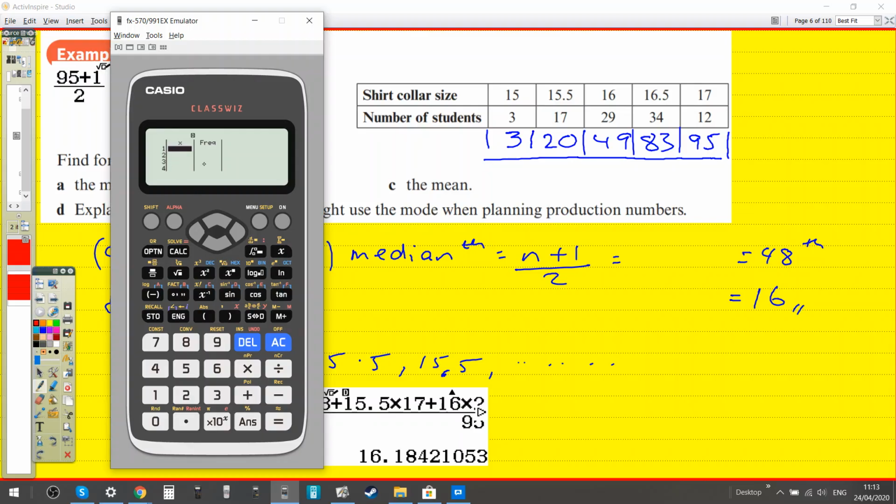And it will be X and frequency. Put the table into your calculator. So our calculator goes down, their table goes across, but it's the same thing. X was the collar sizes, and frequency was number of students. So 15, 15.5, 16, 16.5, 17.